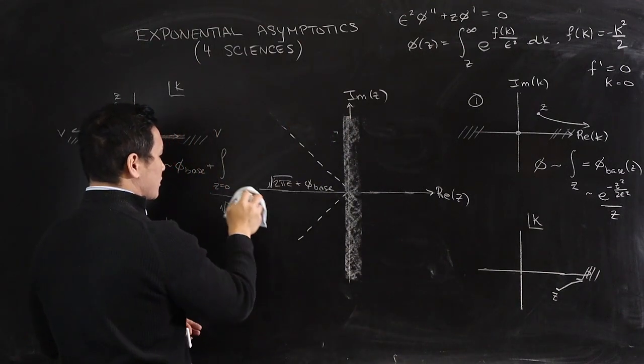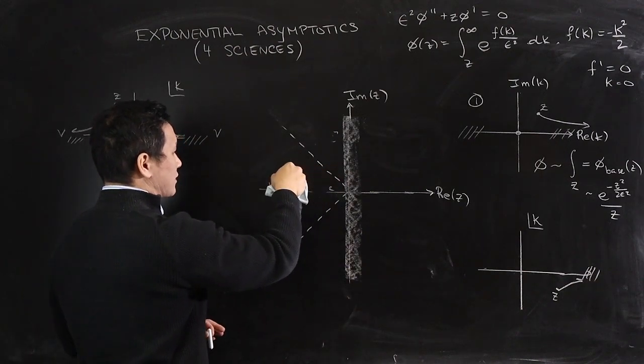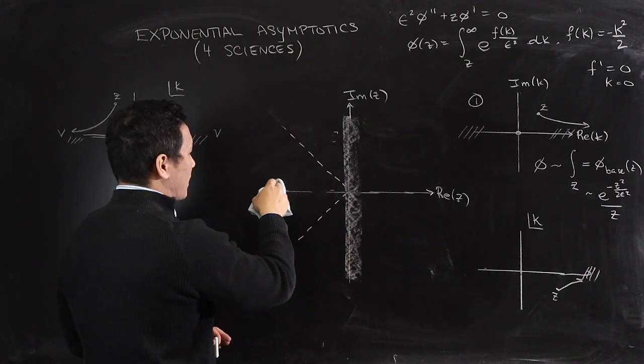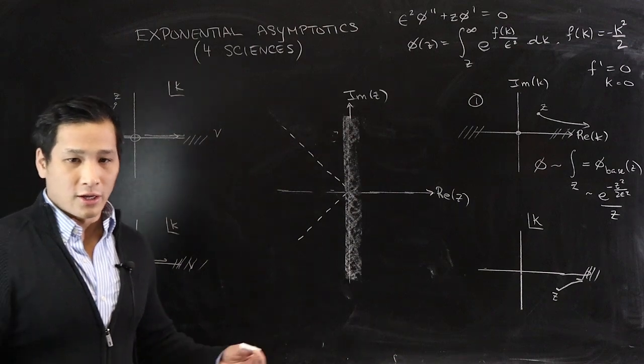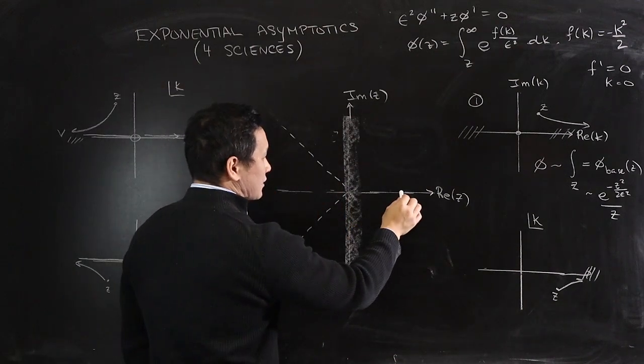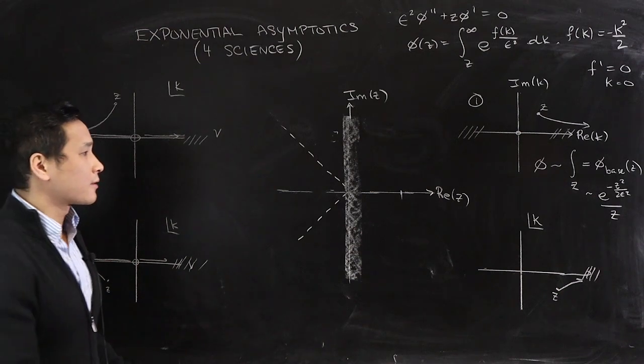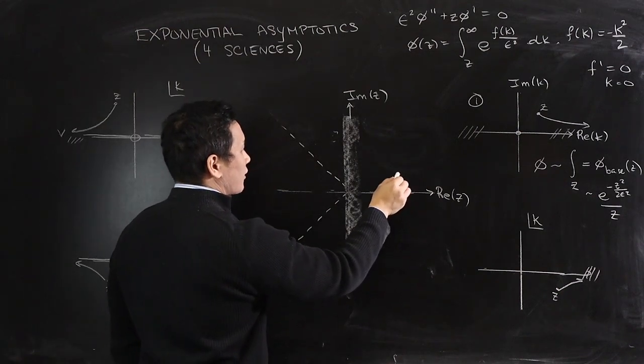One way is to just schematically draw a curve that corresponds to either the base approximation or the term that's being switched on. So at this location in Z, I have my base approximation. So I would draw that out like this.